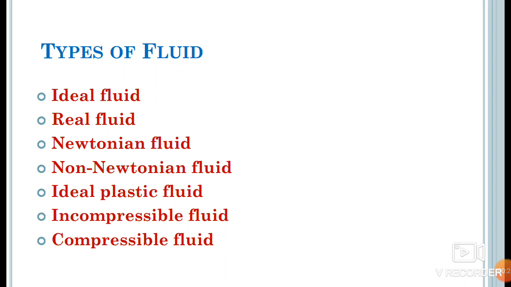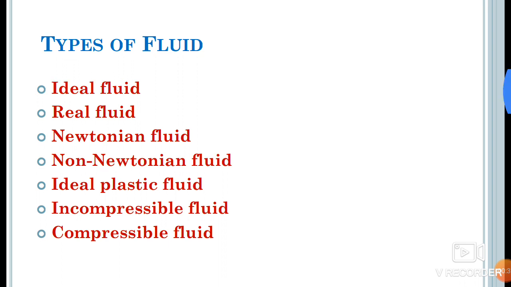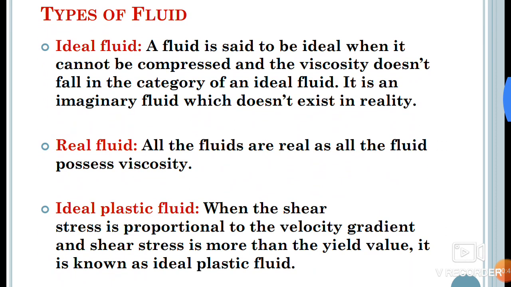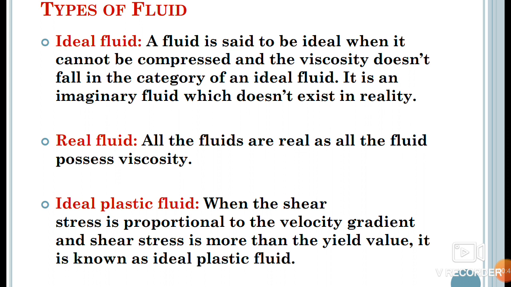There are different types of fluid: ideal fluid, real fluid, Newtonian fluid, non-Newtonian fluid, ideal plastic fluid, incompressible fluid, and compressible fluid. So we'll move on to each of them. First one is ideal fluid.